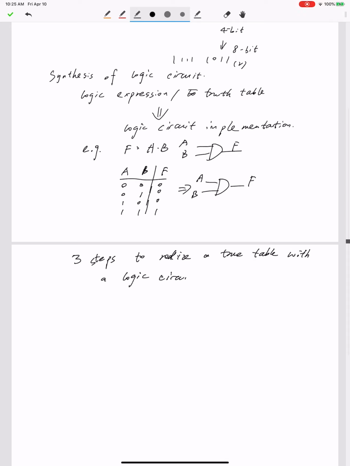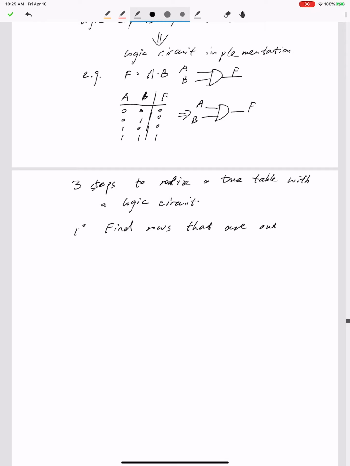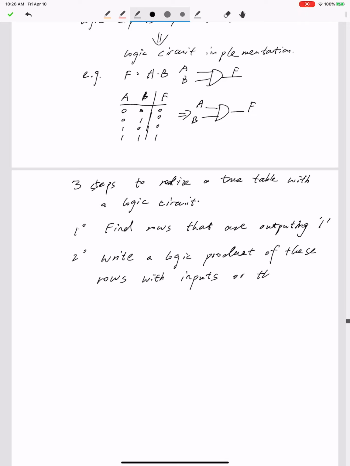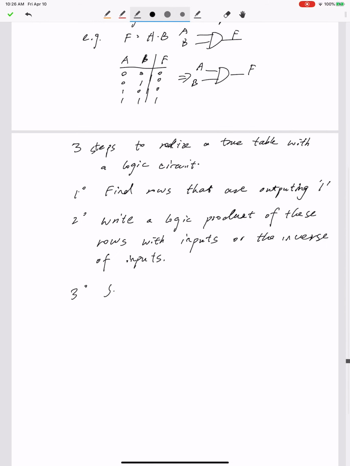The first step is we find rows that are outputting 1. Second step is we write a logic product of these rows with inputs or the inverse of inputs. And the last step is we sum them together.